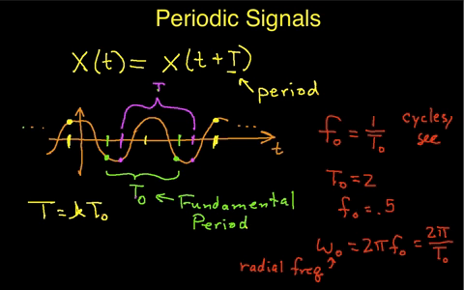The place where you'll see this most often is typically when you're dealing with sinusoids, cosines and sines, because I can write a cosine of omega 0 t. This cosine has a period of T0. So that's why you oftentimes see this omega 0 used, because it represents a radial frequency. The cosine of omega 0 t has a fundamental period of T0.